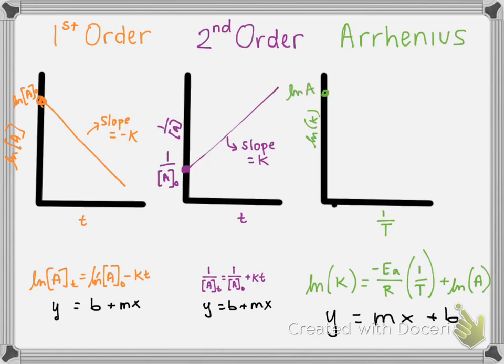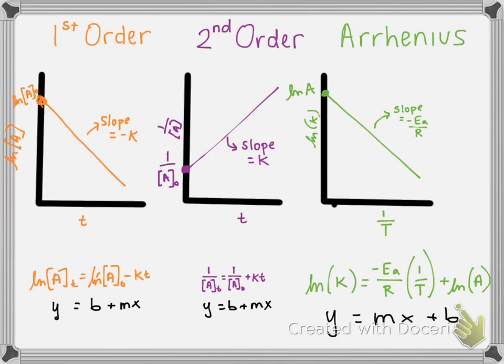And then because we have negative Ea over R, we're going to have a negative slope. And that slope is going to tell us about the activation energy. And just a reminder that higher activation energy, slower reaction.